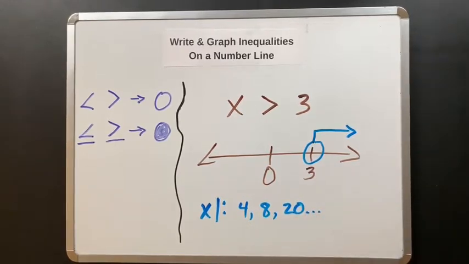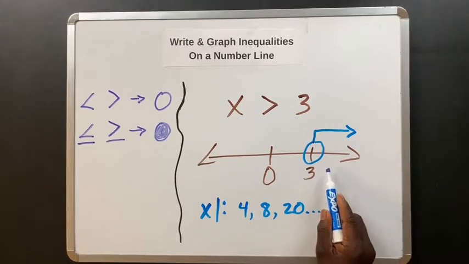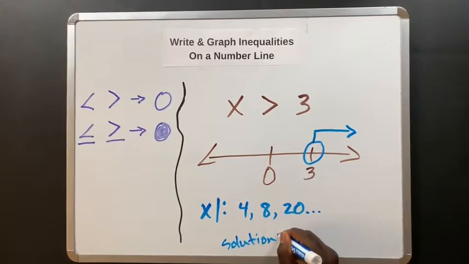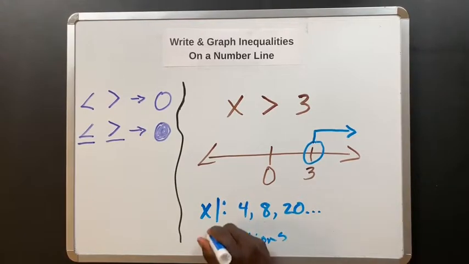There are a lot, we can say infinitely many solutions, but they have to be greater than 3. So what we did here is we were given an inequality sentence, we graphed that inequality, and then we identified a set of solutions. So these are a set of solutions, right here.